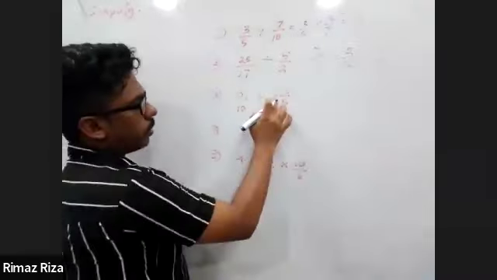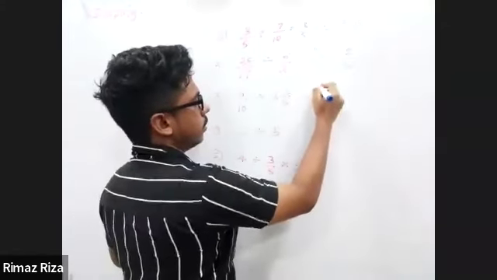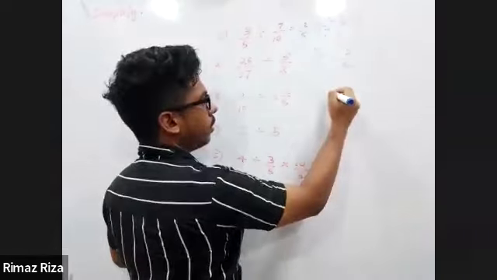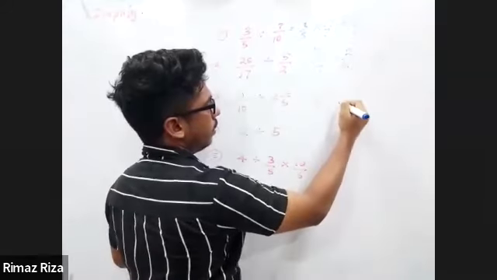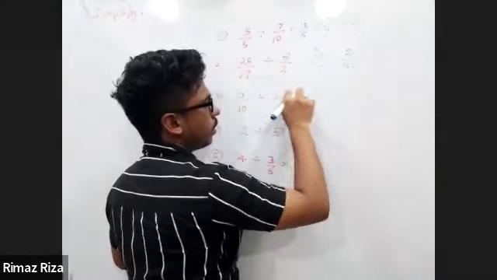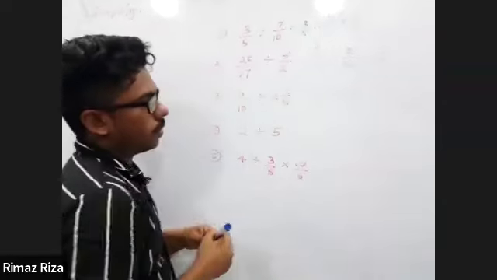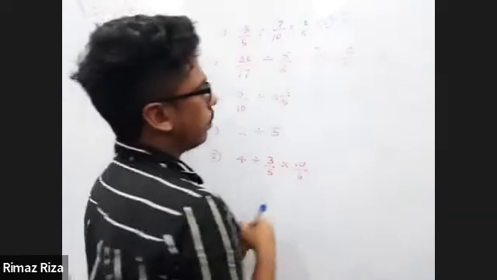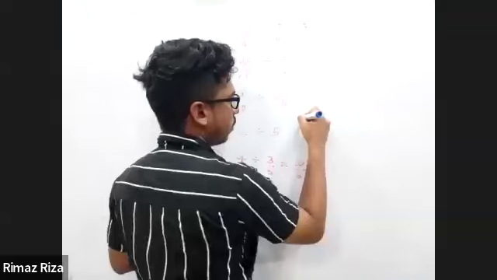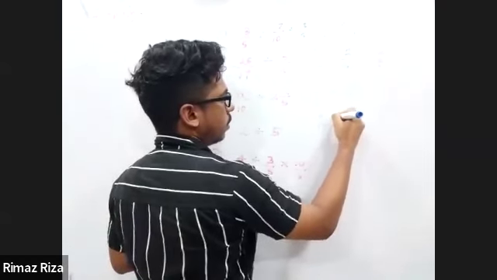Okay, so here first we want to convert this into an improper fraction. So 6 over 10 divided by 5 into 2, 10, 12, 12 over 5. Okay, so then we have 6 divided by 10.